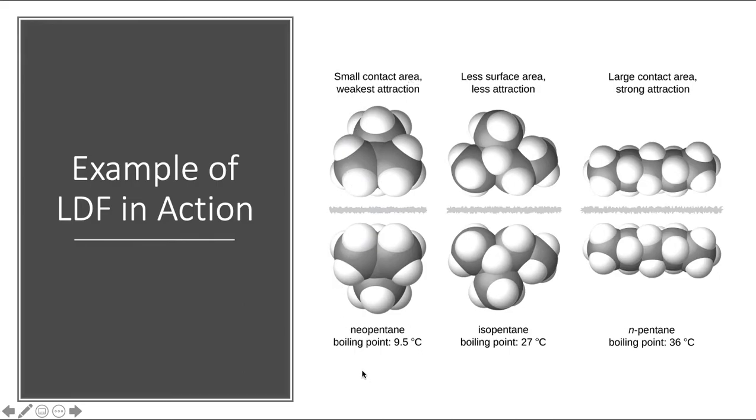Here's neopentane, there's isopentane, and there's n-pentane. In this one, the carbons are arranged in just a chain. There are no groups that come off that chain. They're just right next to each other, carbon, carbon, carbon, carbon, carbon, all in a row.